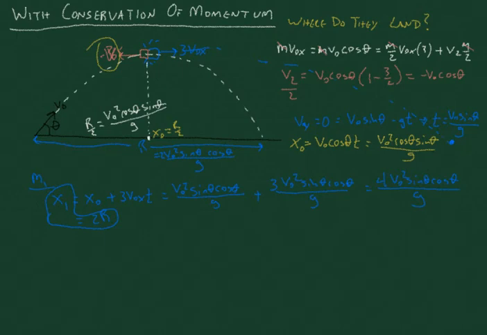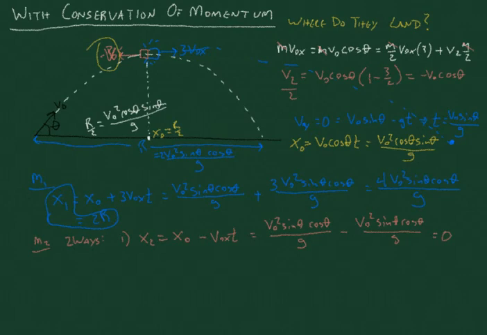So now we're going to look at mass 2. Okay, and there's really 2 ways to solve this, and we'll look at both of them. The first way is just to solve it exactly the way we did for the first one. x2 is equal to x0 minus v0x t, which is equal to v0 squared sine theta cosine theta over g minus v0 squared sine theta cosine theta over g, which is just equal to 0.